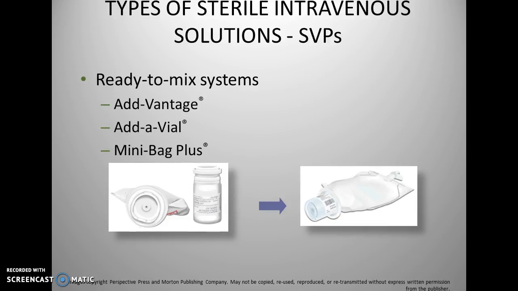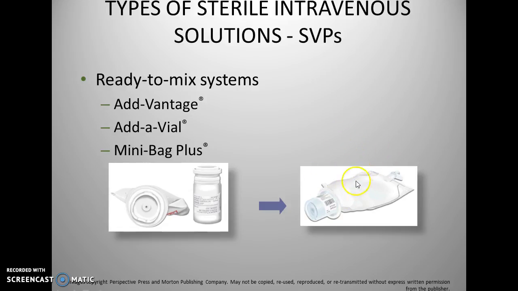Okay, so when we talk about a ready-to-mix system, it consists of specially designed mini bags, as you can see here, with an adapter for attaching a drug vial, as you can see here. The admixture takes place just prior to the administration. Okay, and remember we just defined admixture. When an SVP is added to a parenteral solution, it is referred to as the additive.